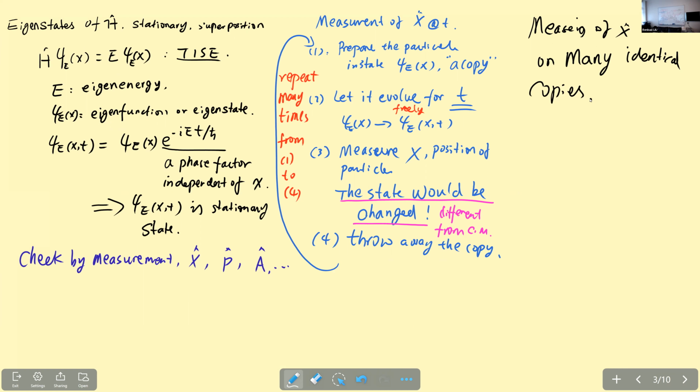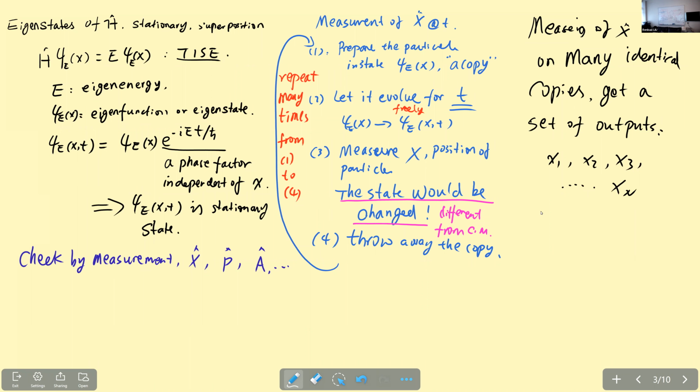So you get different results, a set of outputs: x1, x2, x3, and so on up to xm, right?